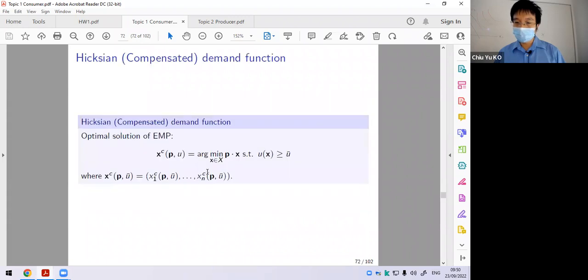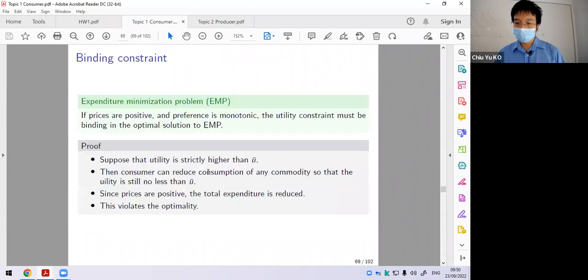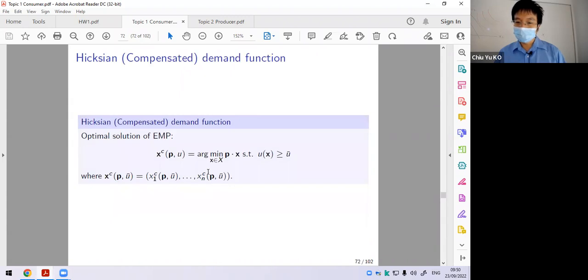We have the Hicksian demand, and I didn't put the existence or the uniqueness. It's the same as the utility maximization problem: when you have a strictly quasi-concave preference, you will have a unique solution.